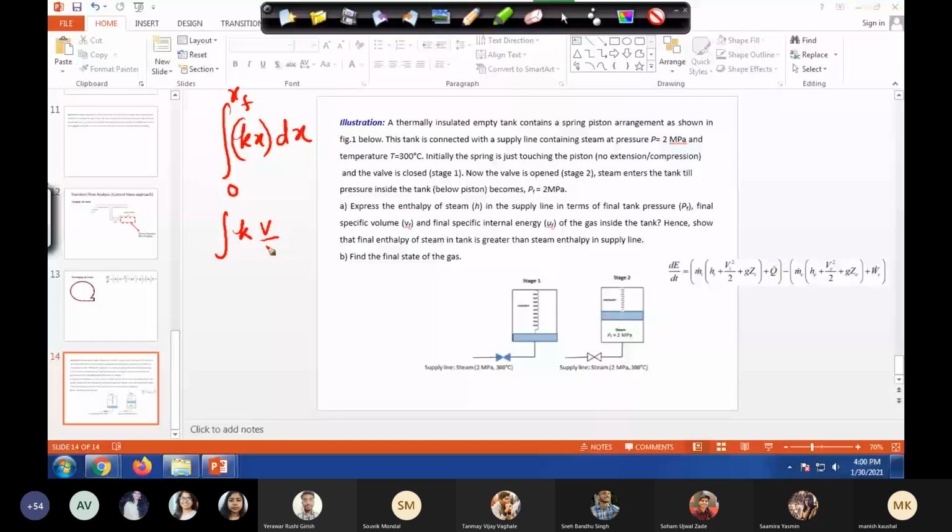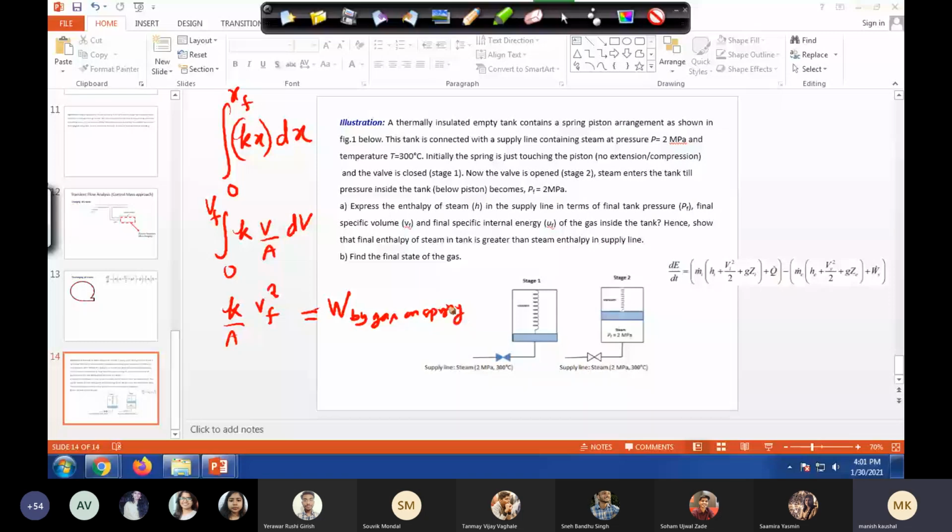So k by a squared times vf square minus 0. So this is the work done by the gas on the spring.